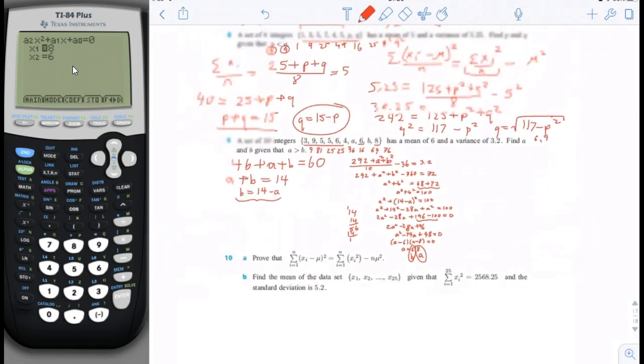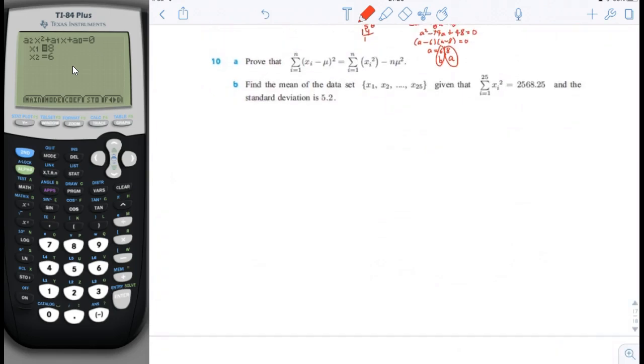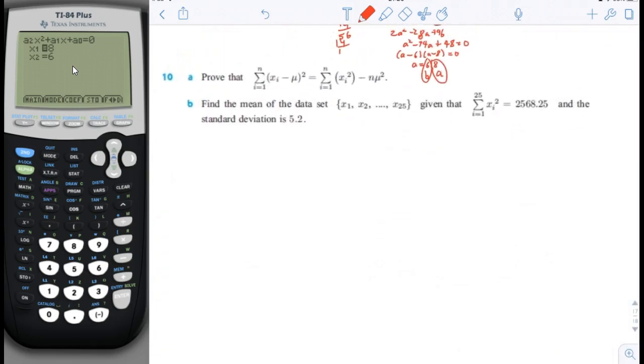Okay, so that's all we need to do for that one. Last one, 10. Prove that. This is the formula for the variance, except it's not divided by n, is equal to this. Then find the mean of the data set, given that this is equal to this, and standard deviation is 5.2.